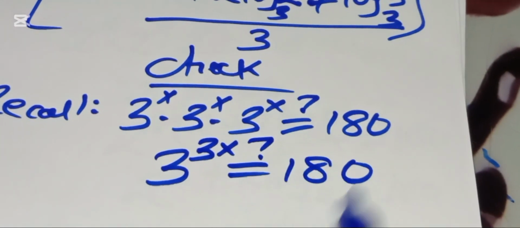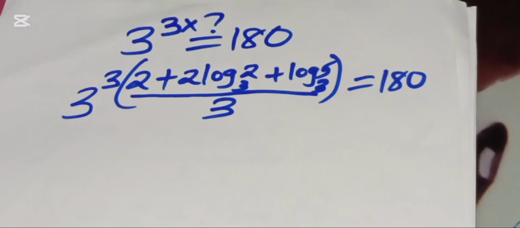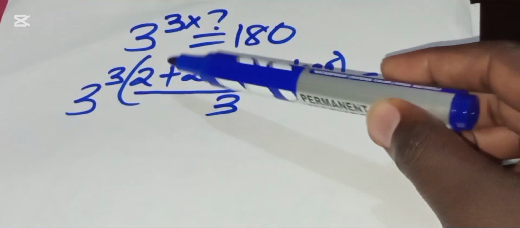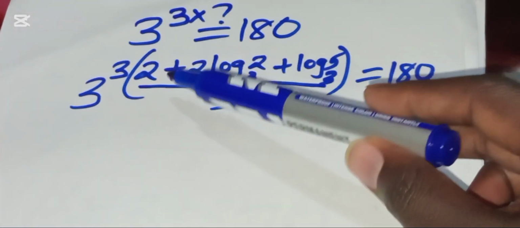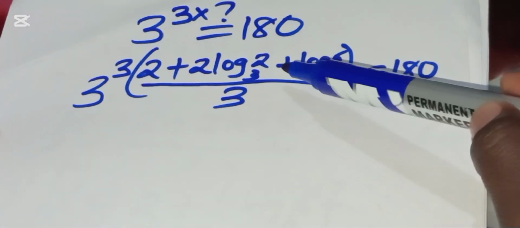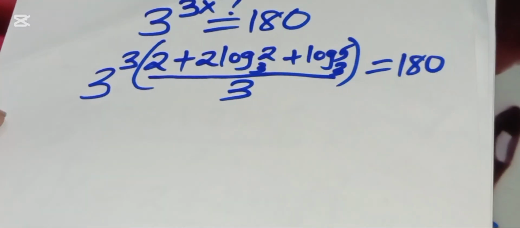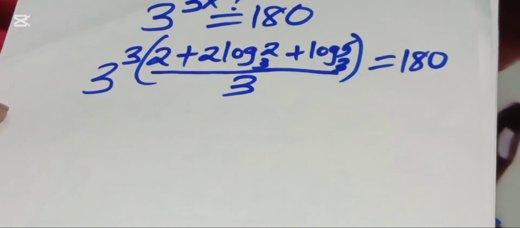So let's check. After we substitute the value of x, we have 3 raised to power 3 into the bracket, we'll have the value of x, which is 2 plus 2 log 2 to base 3 plus log 5 to base 3 divided by 3. That should give us a value of 180.